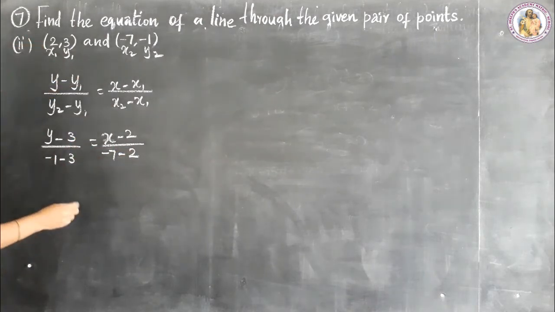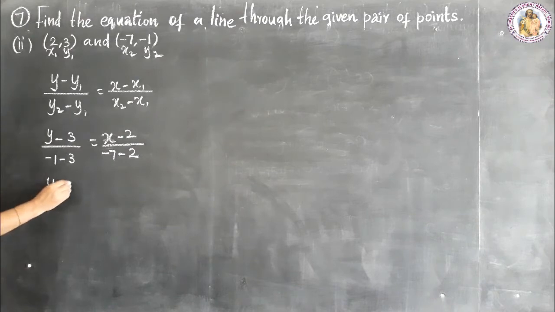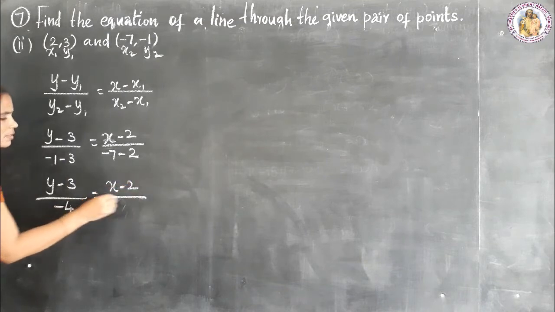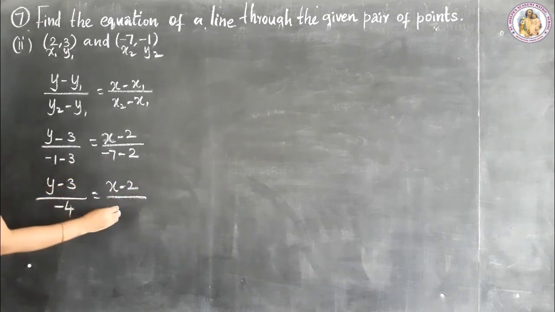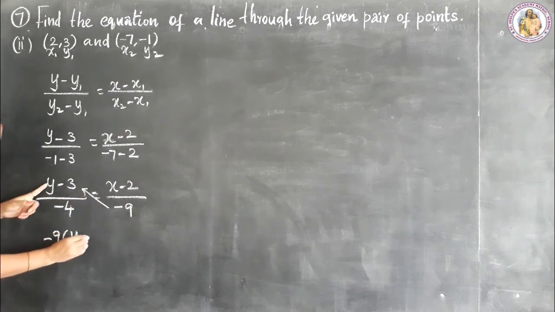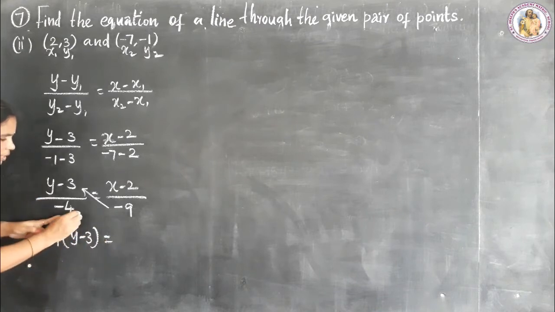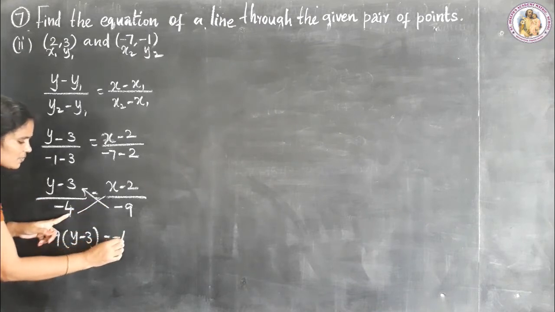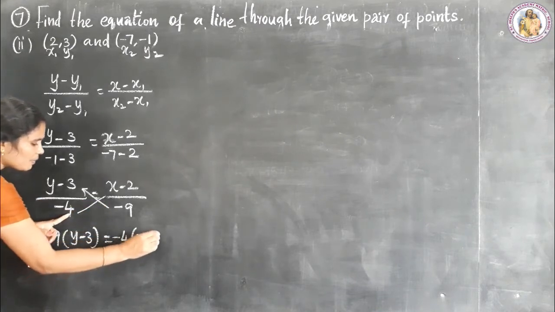Now here, y minus 3 divided by minus 1 minus 3, that is minus 4, is equal to x minus 2 divided by minus 7 minus 2, that is minus 9. Now cross multiply: taking minus 9 within bracket y minus 3 is equal to minus 4 within bracket x minus 2.